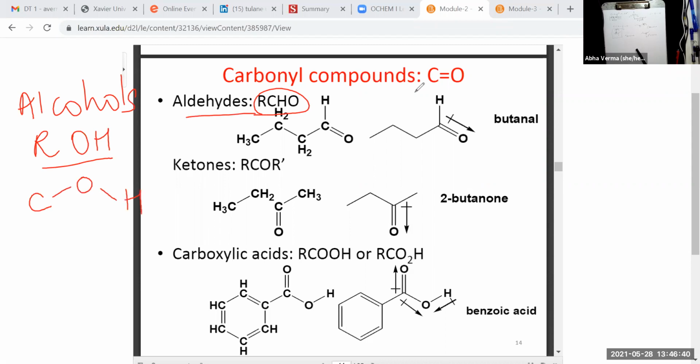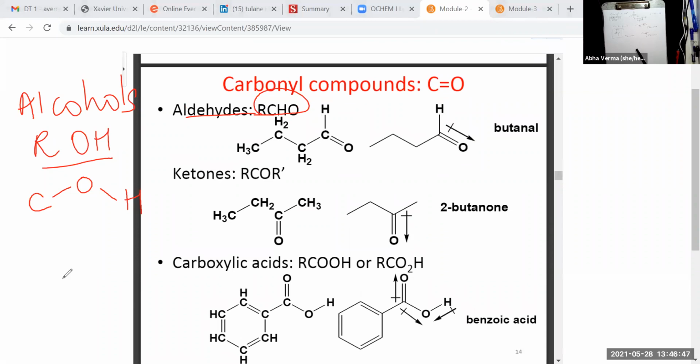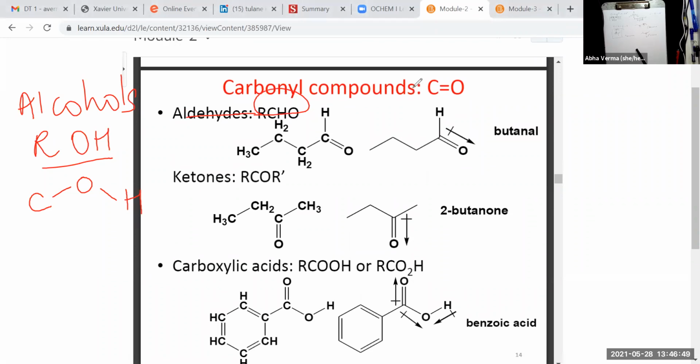But in aldehydes, we see a C instead of the R, and then you see another C with the carbonyl, and the hydrogen.